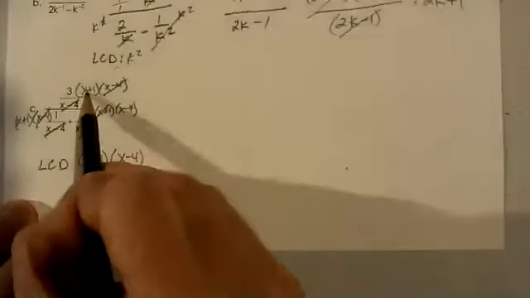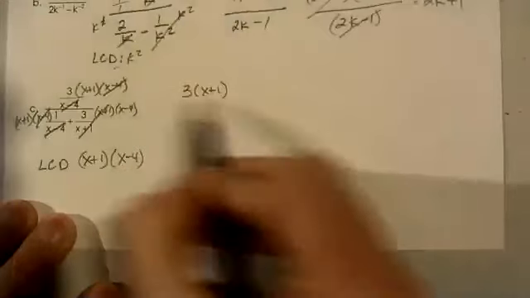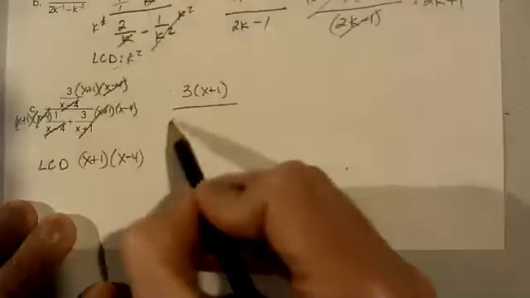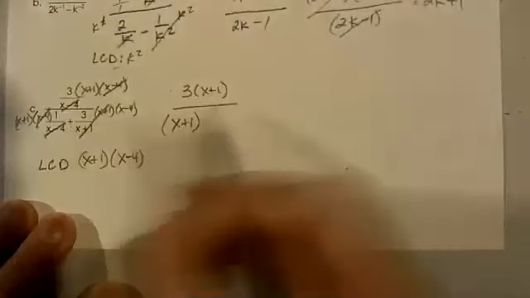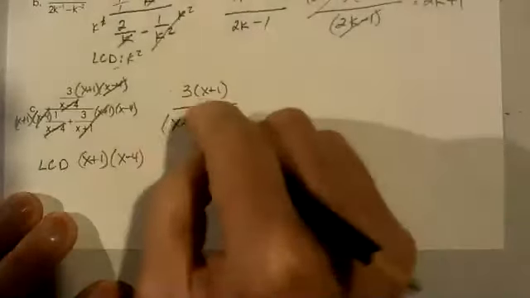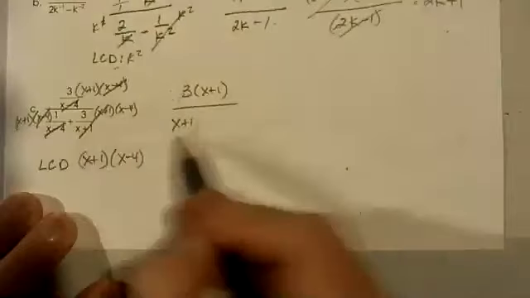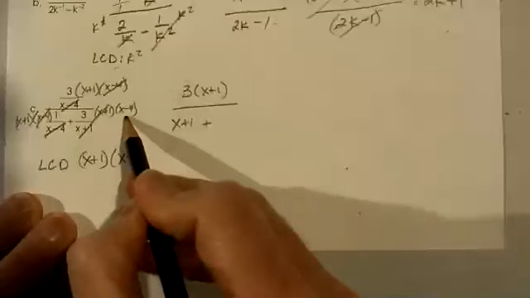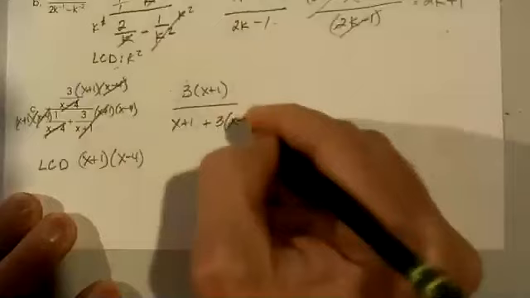So then we're going to have 3 times x plus 1 and 1 times x plus 1 plus, you don't really need parentheses around that. You could. It makes you think like you've got to have it separated. It's 1 times that. So you get x plus 1. And you get 3 times x minus 4.